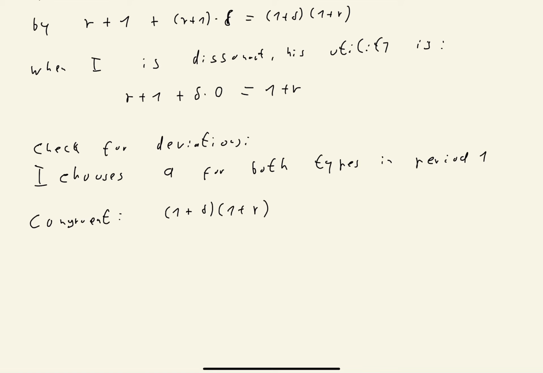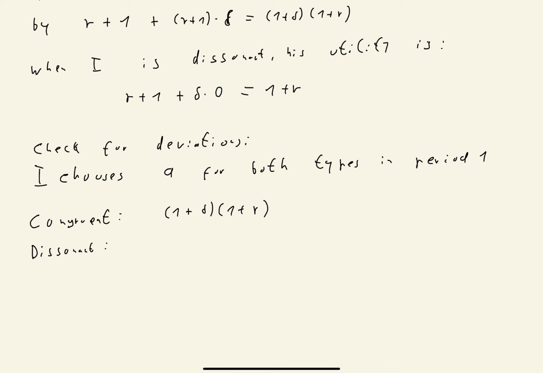Okay, so nothing changes here, but if he's dissonant, there is a change because he chooses policy A, which harms him in the first period because he's dissonant, and then he's re-elected for sure in the second period, such that he can choose then policy B, which is then maximizing his utility, at least in the second period.